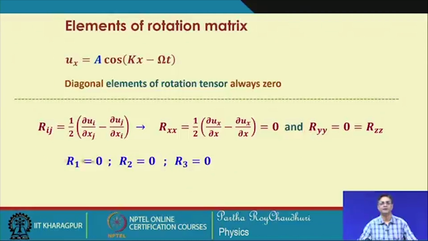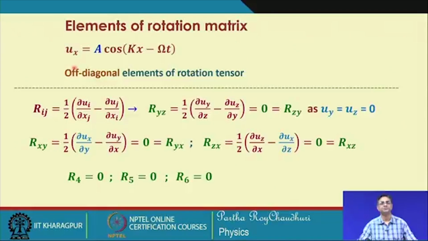This is true for all rotation matrices. For the off-diagonal case, R yz is equal to 0, because u z and u y are also 0 individually.